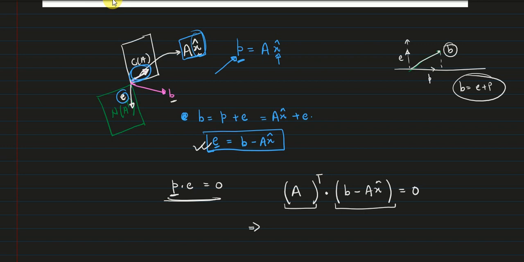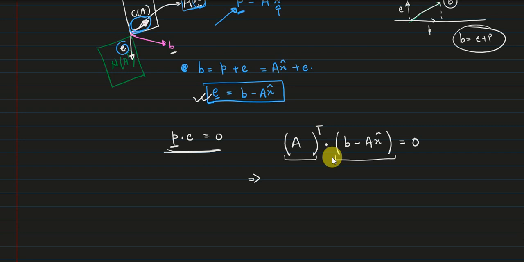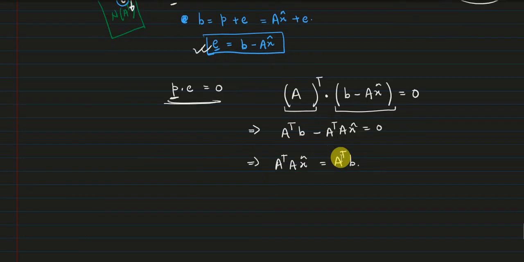So now we can proceed further, and we can write that a transpose b minus a transpose a x hat is equals to 0, or we can arrange it like this: a transpose a x hat is equals to a transpose b.